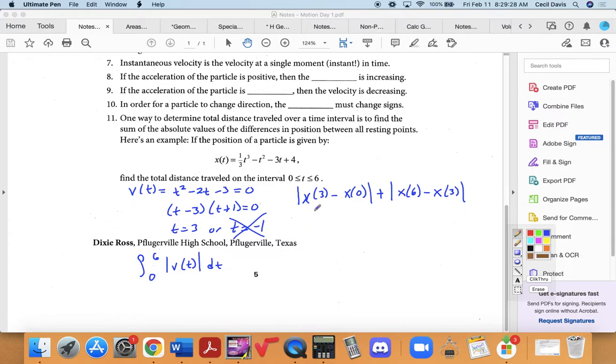Okay, so here, x of 3, let's see, that'll be 9 minus 9 is 0, minus 9 is negative 9, plus 4 is negative 5. And x of 0 is 4.